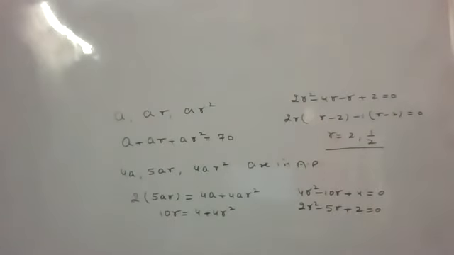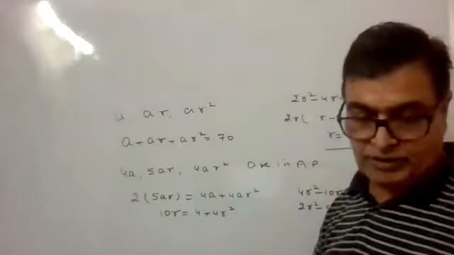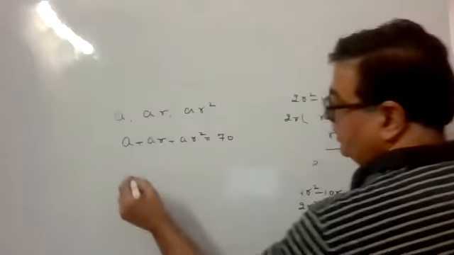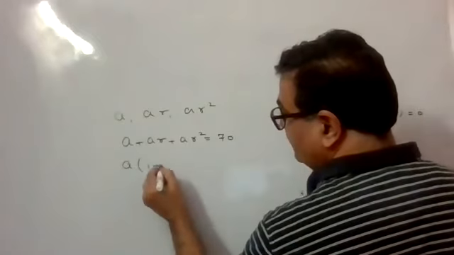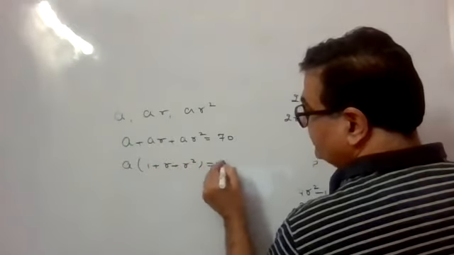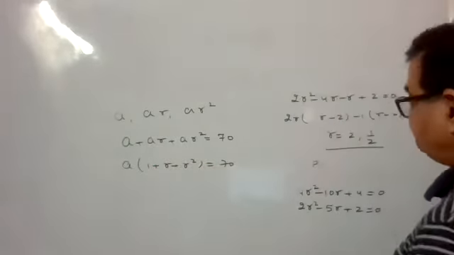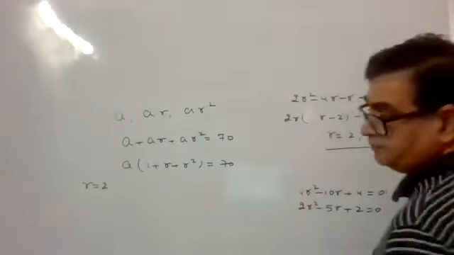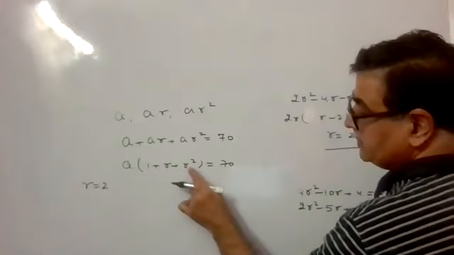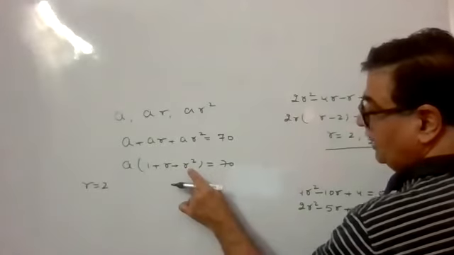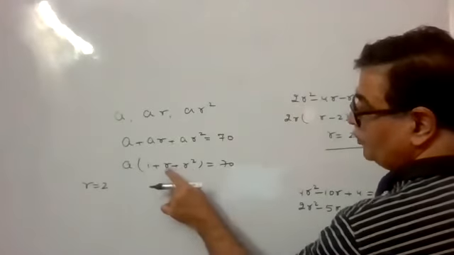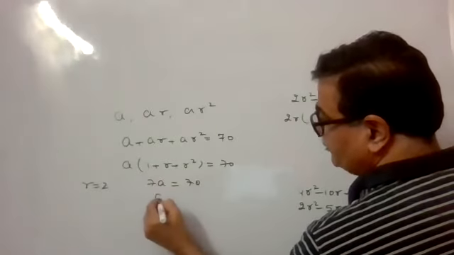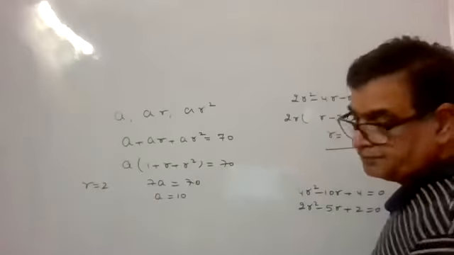And what is A now? I'll calculate A from this equation. A is common here, so A times (1 plus R plus R square) comes out to be 70. When you take R as 2, it will be 1 plus 2 plus 4, that is 7. So 7A comes out to be 70, so A comes out to be 10.